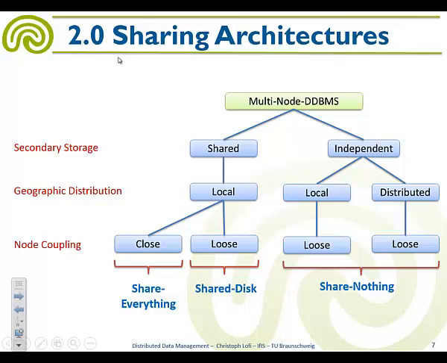Yeah? And you buy that flexibility because, especially when you have shared disk, it basically also means that every node has access to all data stored anywhere on any disk, right? And if you don't share disks and you have multiple systems running on different locations or even around the world, that basically means that not every system, not every node can access all data. That has a lot of advantages, but also a lot of disadvantages.